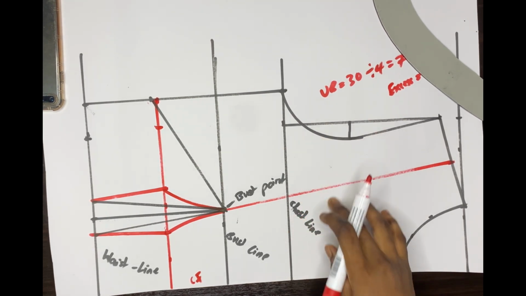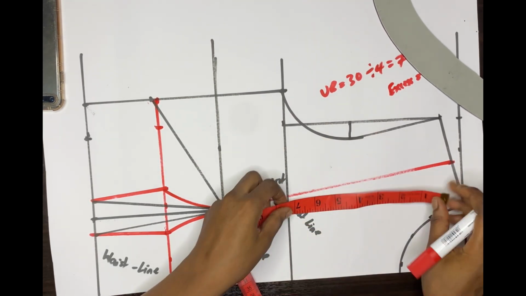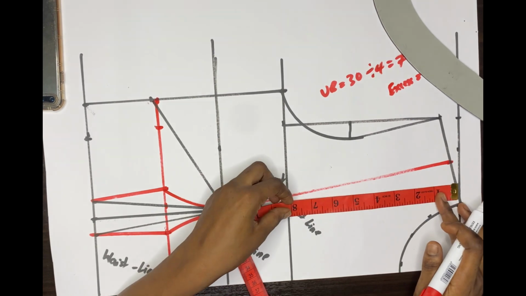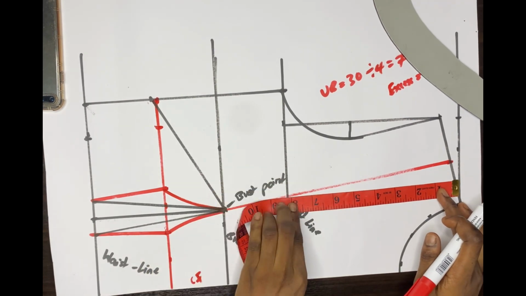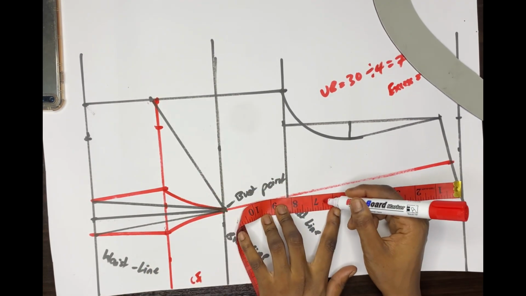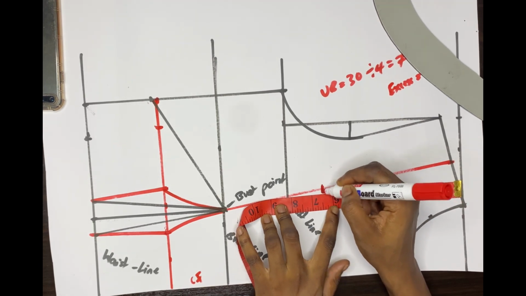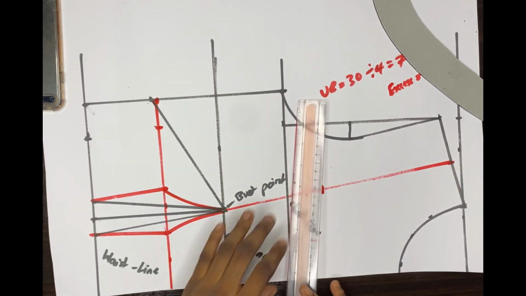Now, to get your sweetheart, you need to measure the person's shoulder to upper bust, where the person wants her cleavage to end. Here it is mostly 6 inches, 6.5, 7. The largest is 8.